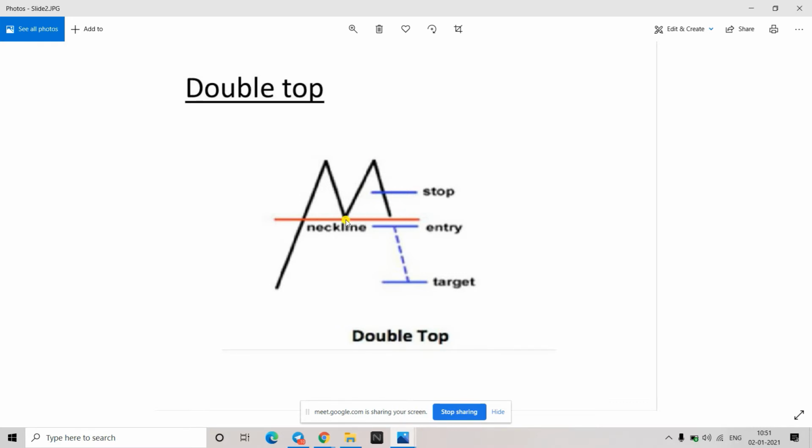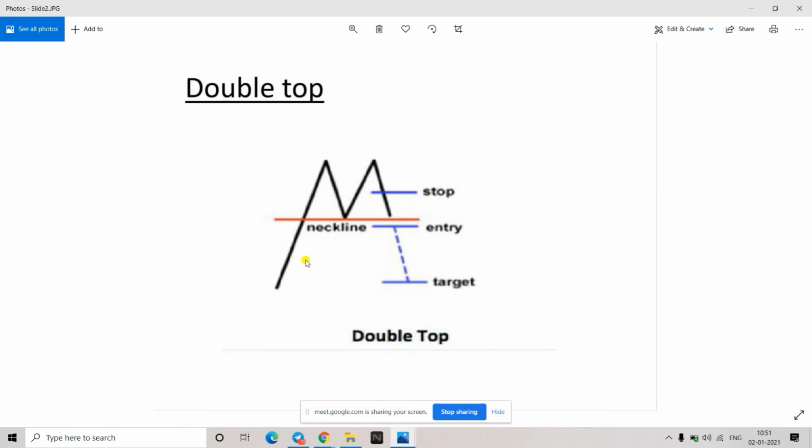But this time what will happen, it will break this correction's low. All right, and this correction's low is also known as a neckline. Okay, and once this is broken, you will take a trade. Okay, your stop loss is half of this range. If I just draw one line over here, and if I measure this, half of that would be your stop loss.